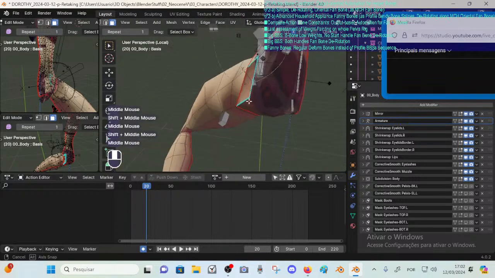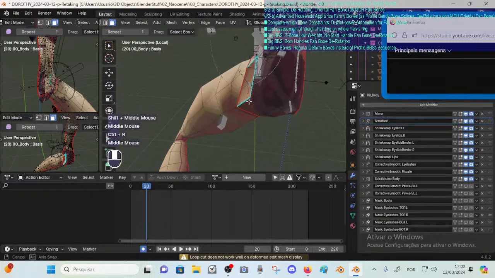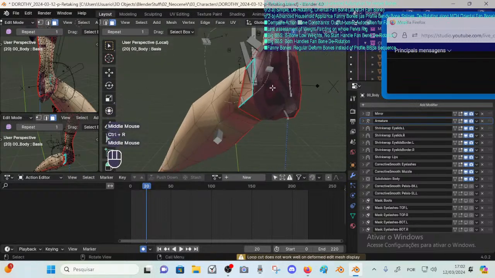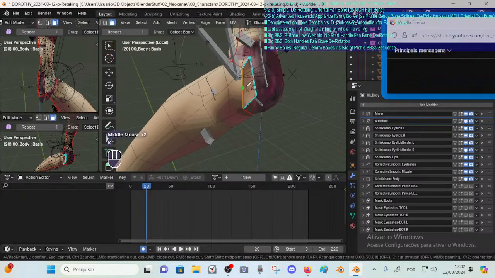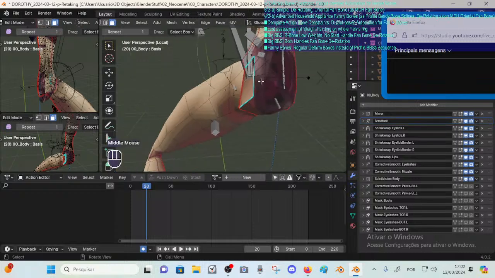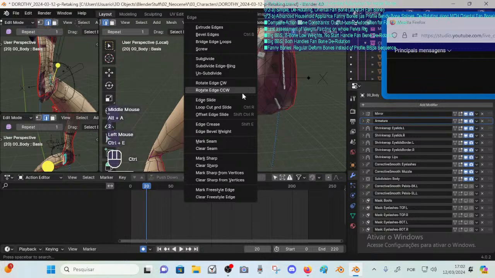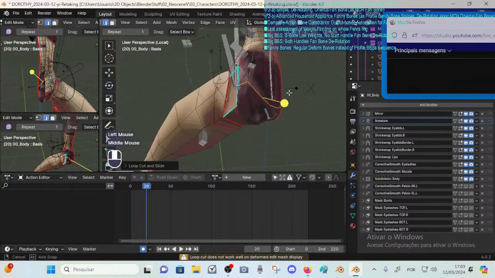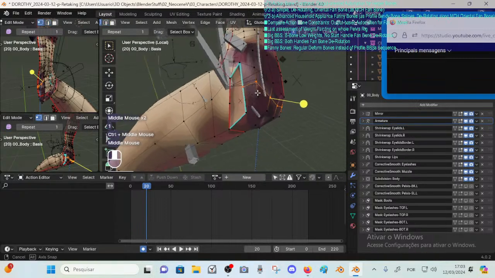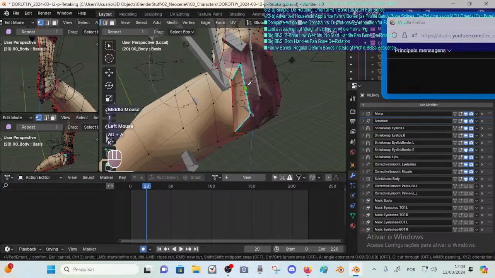Perhaps I can make a subdivision right here. And what does that do? Actually, let's subdivide here. That can work. All right. And then I'm going to subdivide here. So this might be an intelligent thing to do.